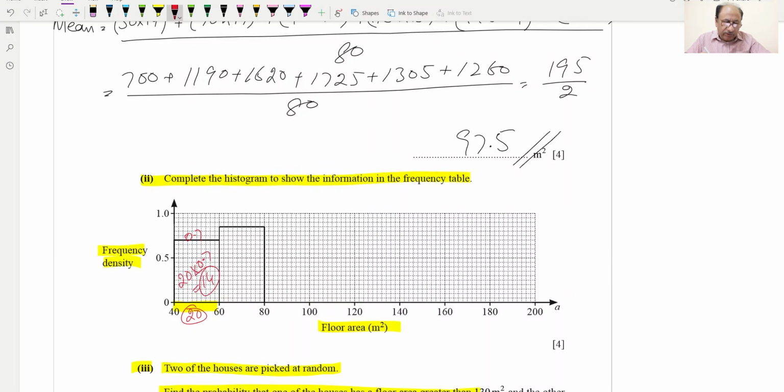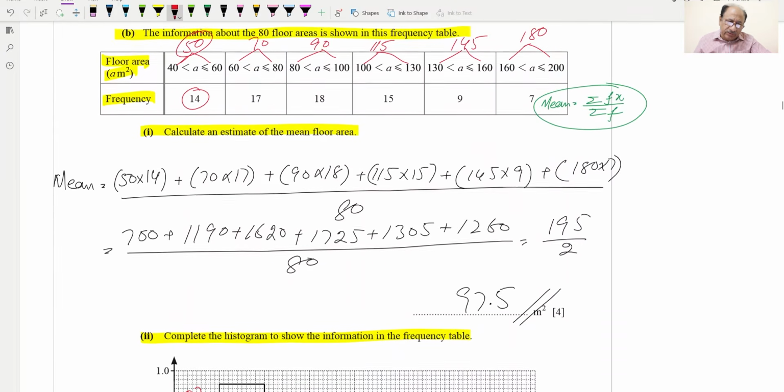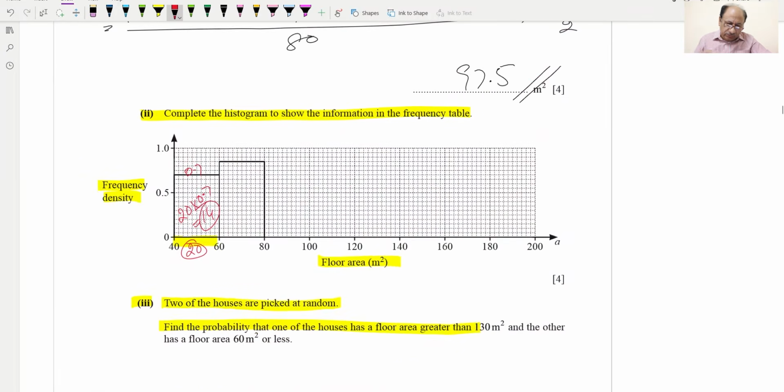This is how we got the height. And for the second one, 60 to 80 is 17. So 60 to 80, which is 20 again, 20 multiplied by the height, which is 0.85, will be equal to 17.